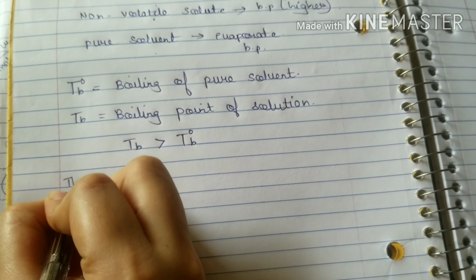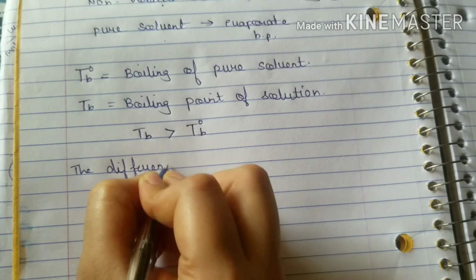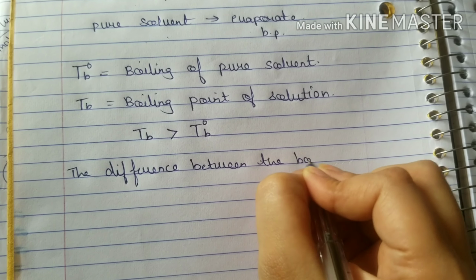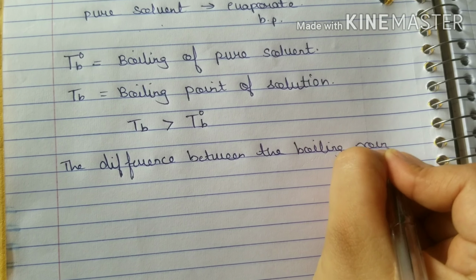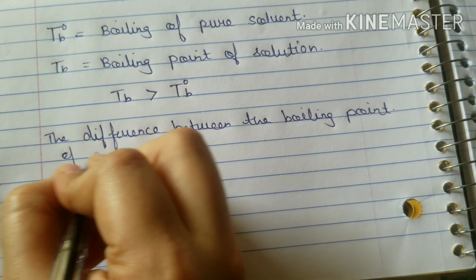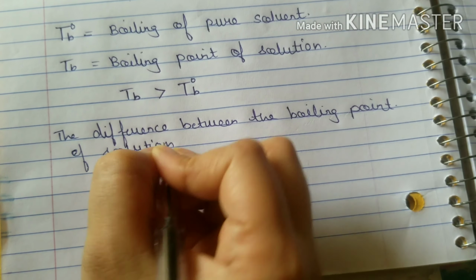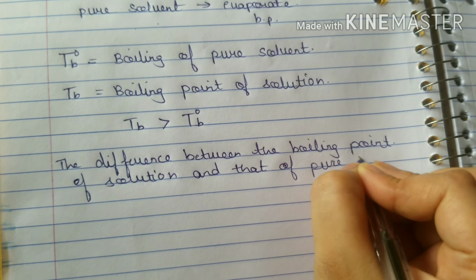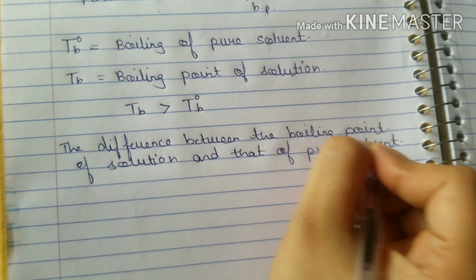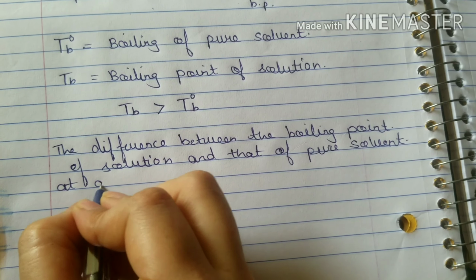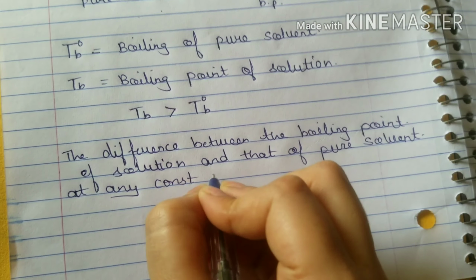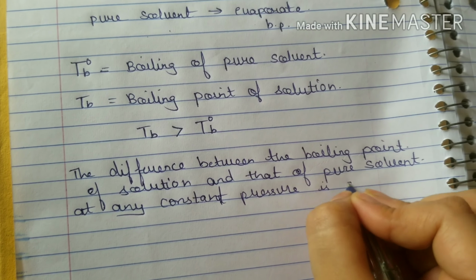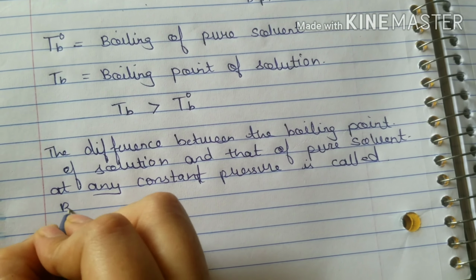It is the difference between the boiling point of the solution and that of the pure solvent at constant pressure, or you can say at any constant pressure, and this is called boiling point elevation.